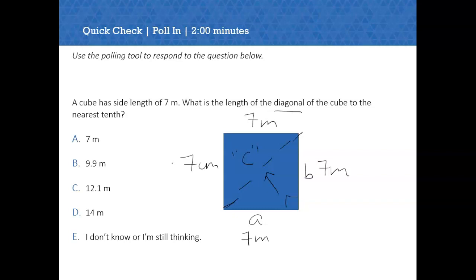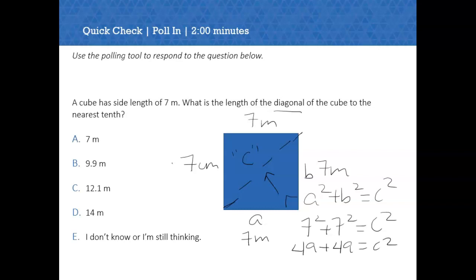So we know that this is a right triangle, so A squared plus B squared equals C squared. So 7 squared plus 7 squared equals C squared. You need to be careful with this math. You need to do the exponents before the addition. So 7 squared is 7 times 7, so 49 plus 49 equals C squared. 49 plus 49 is 98.